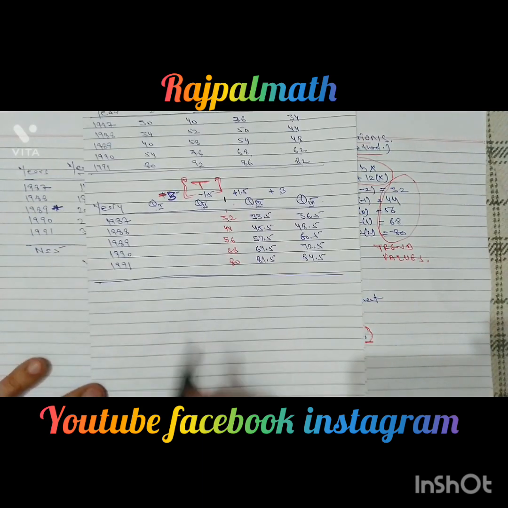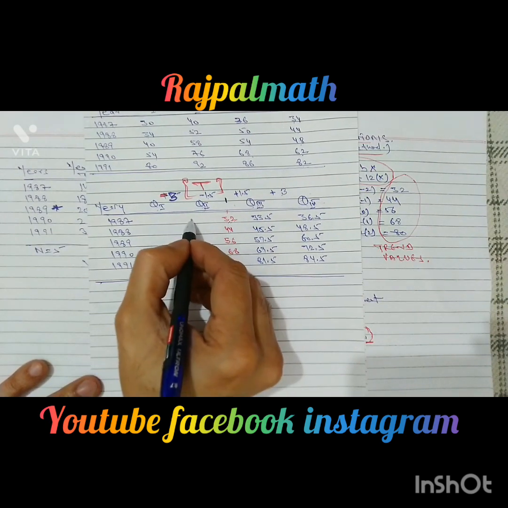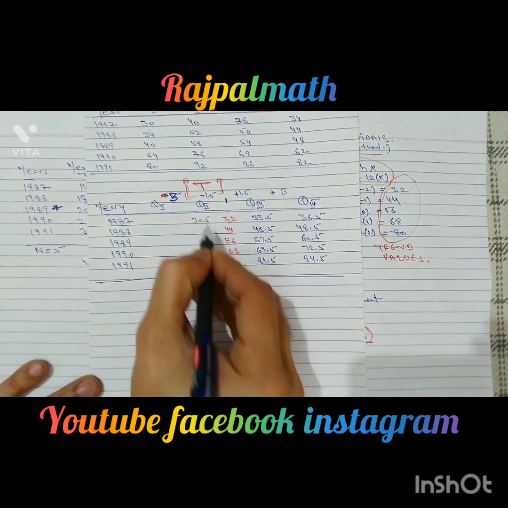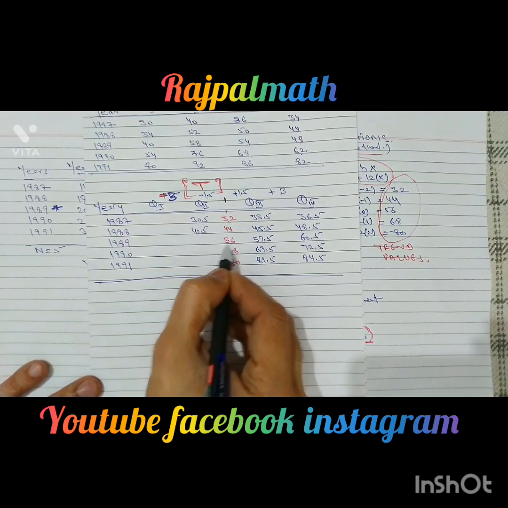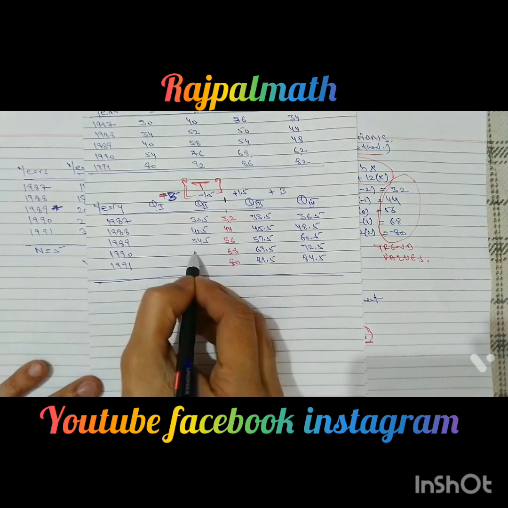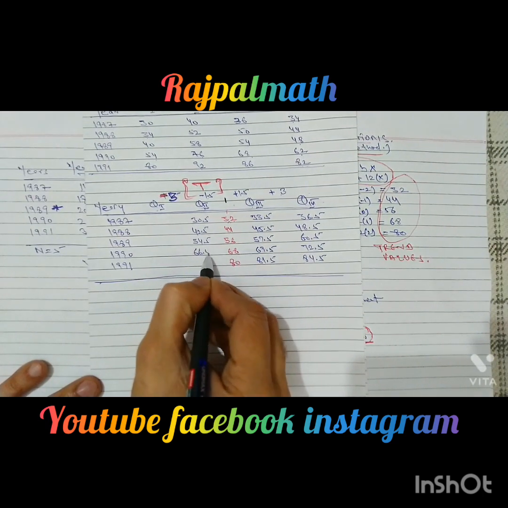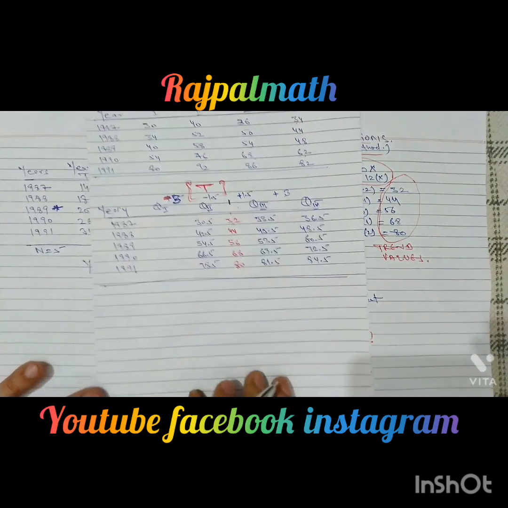Now in reverse direction, 32 minus half is 30.5. 44 minus half, 42.5. 56 minus half, 54.5. 68 minus half, 66.5. 80 minus half, 78.5.